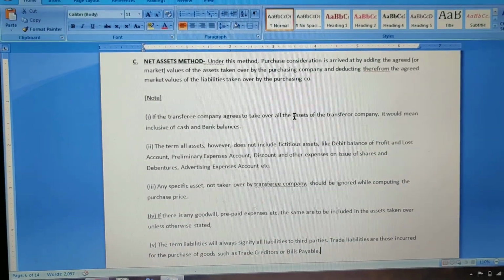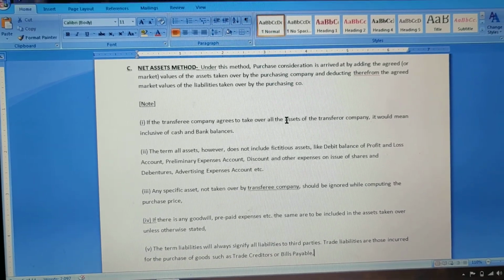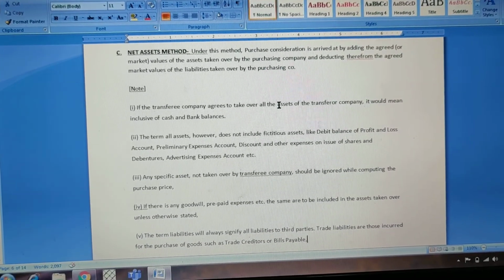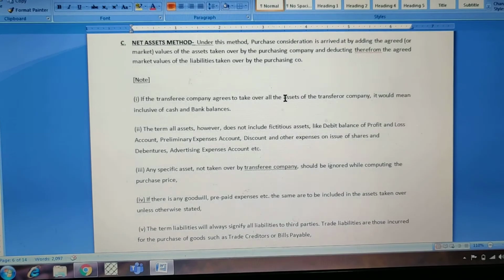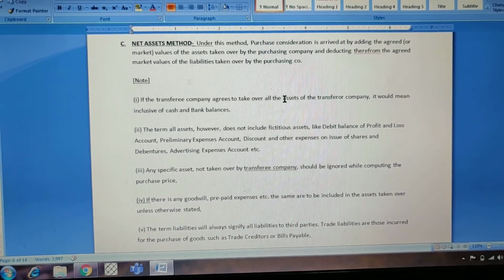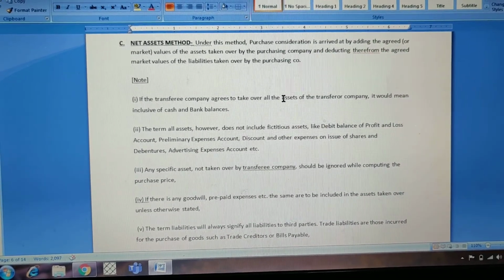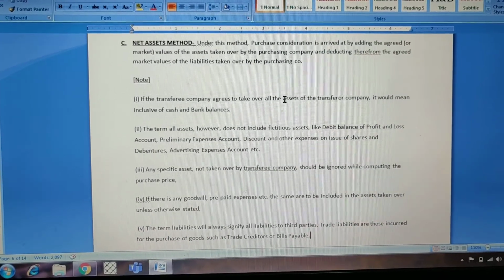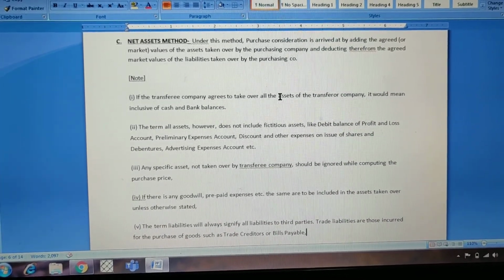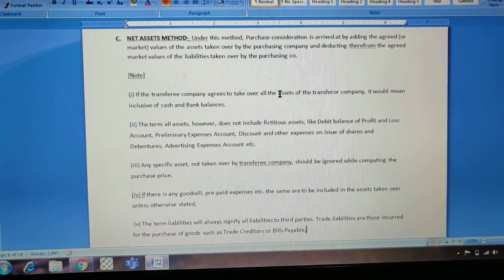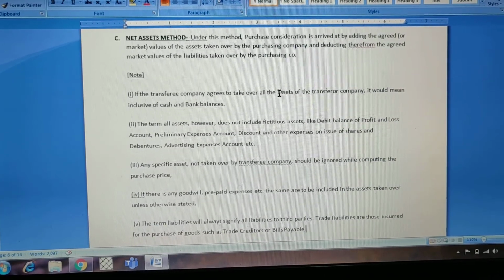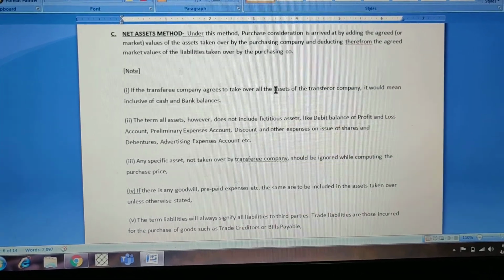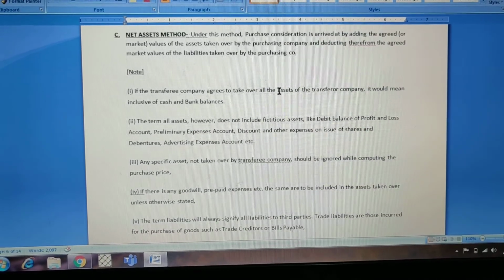That can be a nature of purchase as well, as we have already discussed all the 5 conditions in the last video, that all the 5 conditions must be satisfied if it is in the nature of merger. Okay, so it doesn't mean that it will be a nature of merger if all the assets and all the liabilities are taken over by the purchasing company.